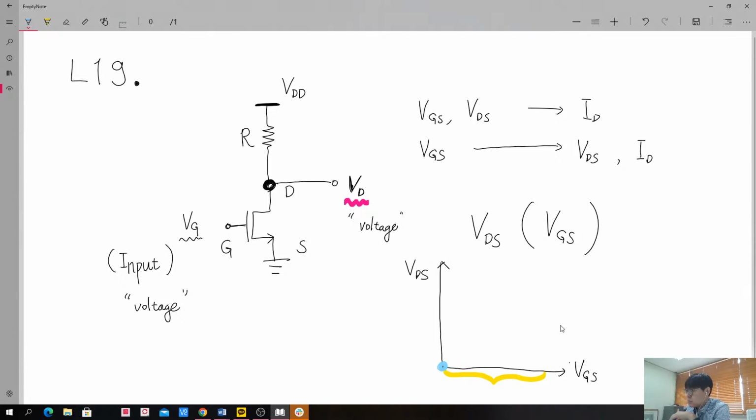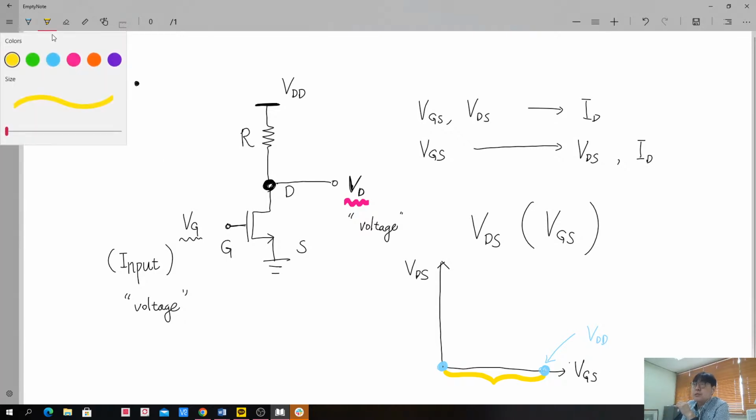Of course, it is limited to VDD. So we will consider the behavior of our simple circuit as a function of gate voltage within a range of 0 to VDD.